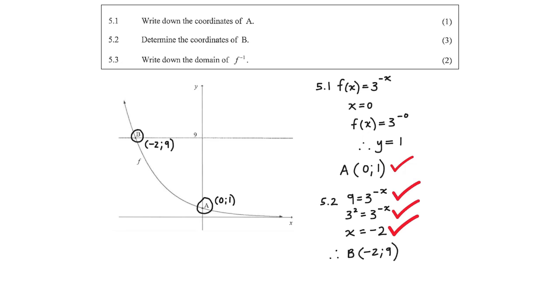Remember, with a function and the inverse, the x and the y values swap. So we can then write that the domain of the function f inverse is all the x values from 0 to infinity. And we can write it in two ways. We can say x is an element of (0; infinity).